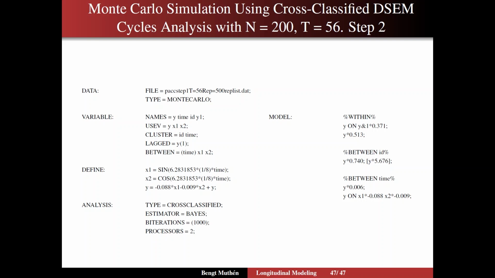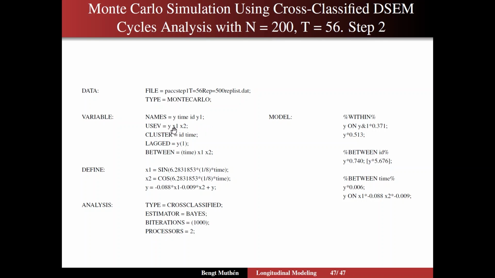On slide 47 then we have step 2, where we pick up the data, and now we have not only y but also time and some other variables, the ID and the lag1, which we ignore.